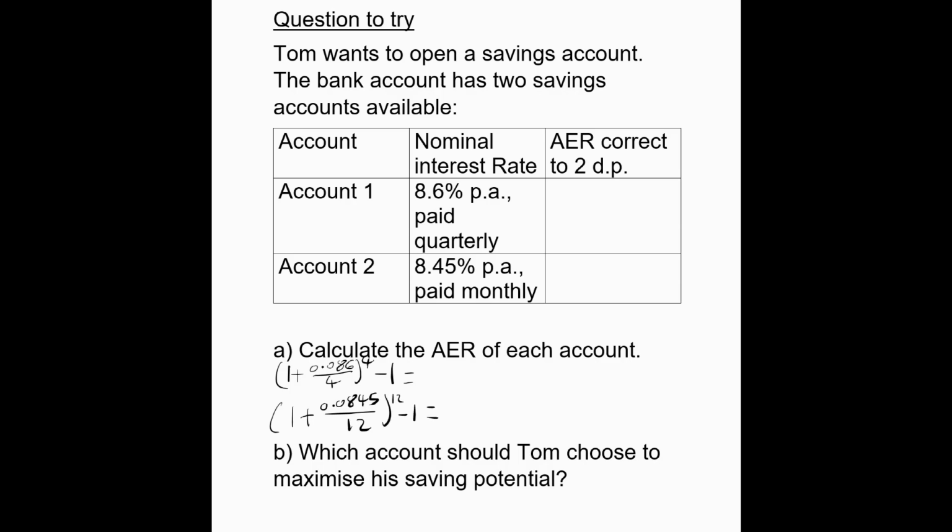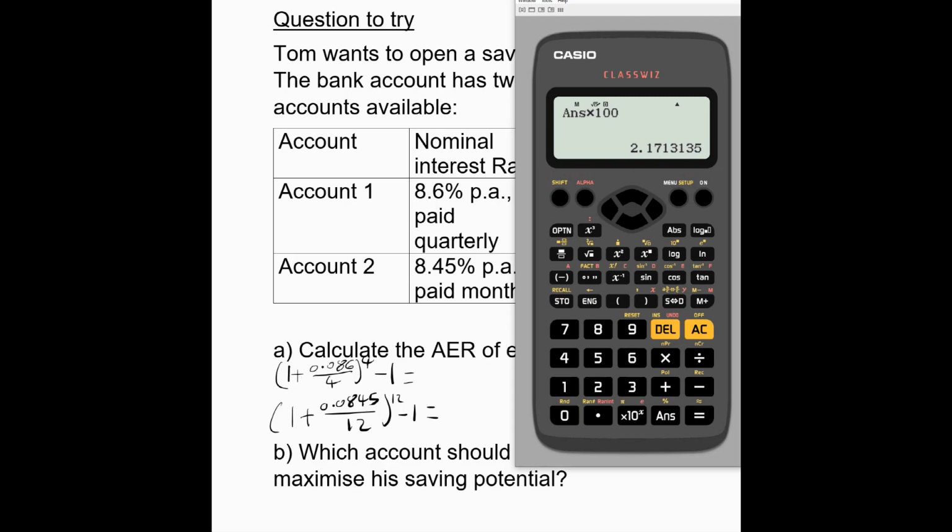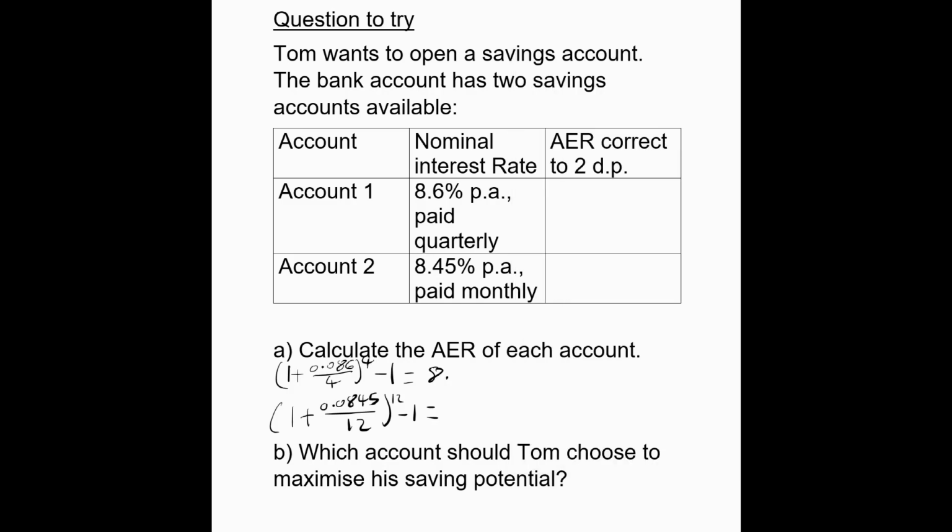So we can work out these two values for AER. So obviously as before, the first one's 8.88%.